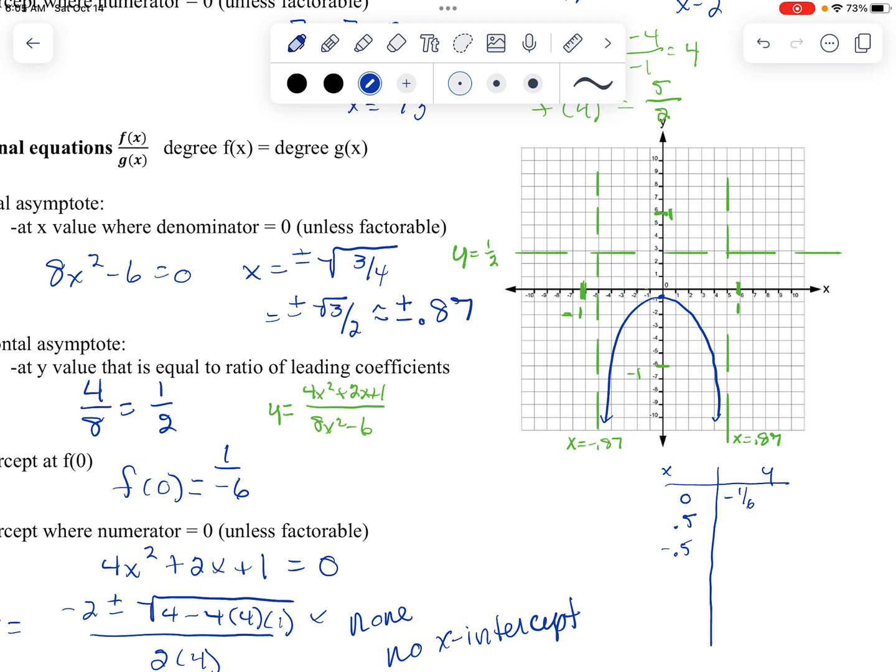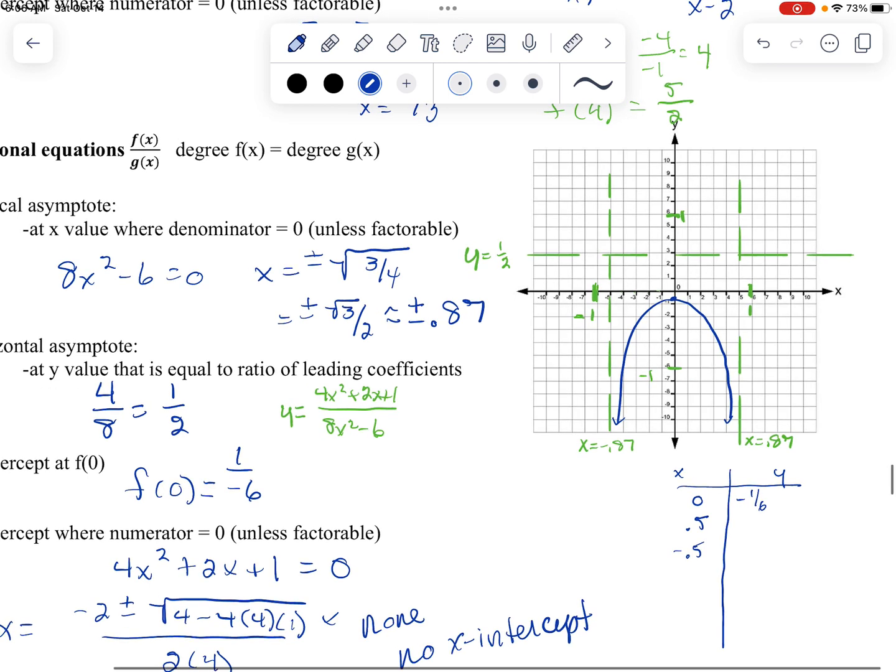So on my calculator, it takes a little bit. So I have 4 times 0.5 squared. 2 times 0.5 is 1, plus 1 is 2, and it gives me 3.